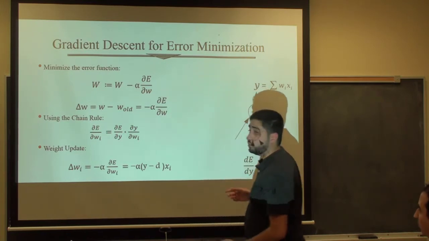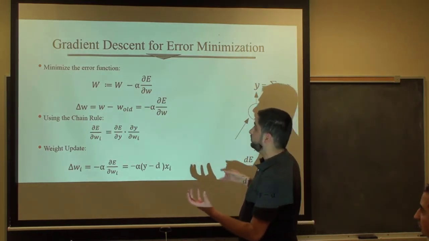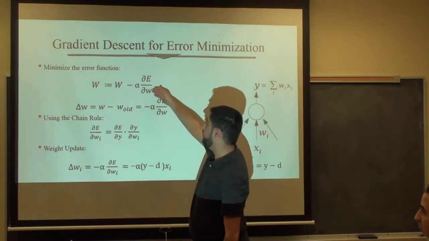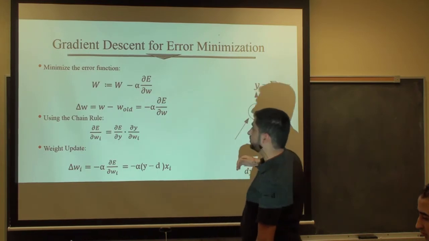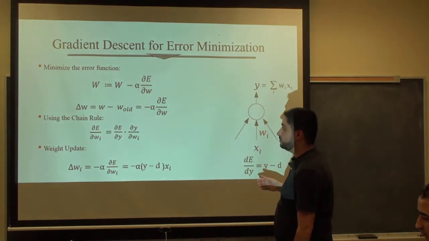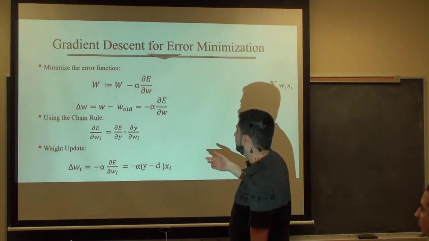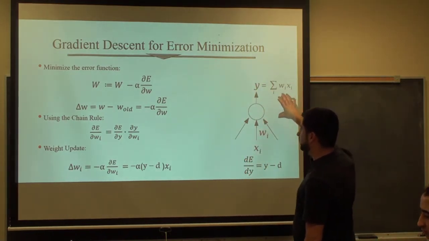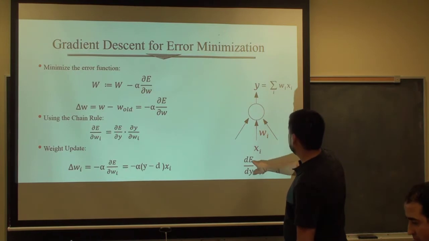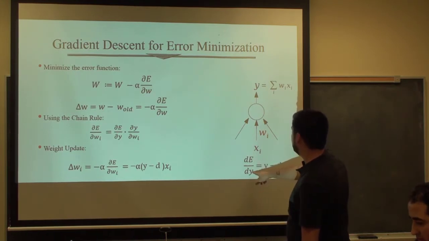For our case, because we want to minimize the error, we need to update the weight so we can minimize the error. So what is this term? To better understand it, we need to use the chain rule. In our simple example, we have dE over dy, which is the error.